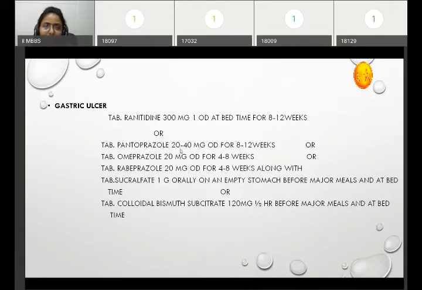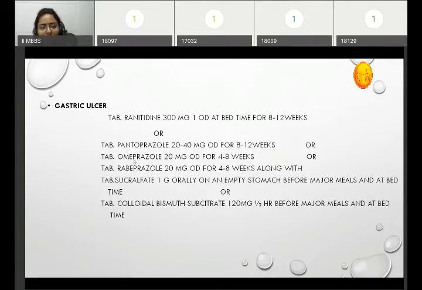So proton pump inhibitors are mainly preferred, but H2 blockers can also be given here. The doses here are important. Pantoprazole is always given in a 20 to 40 milligram dose for 8 to 12 weeks, while the other drugs, omeprazole and rabeprazole, are given for only 4 to 8 weeks. The dose is 20 milligram.